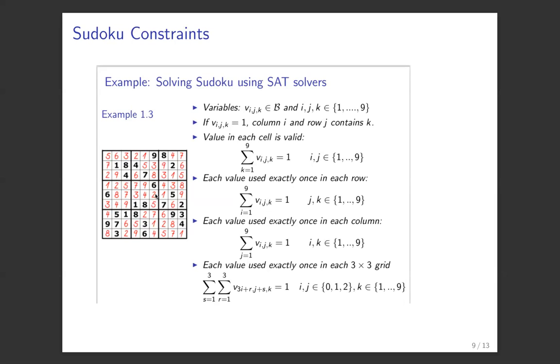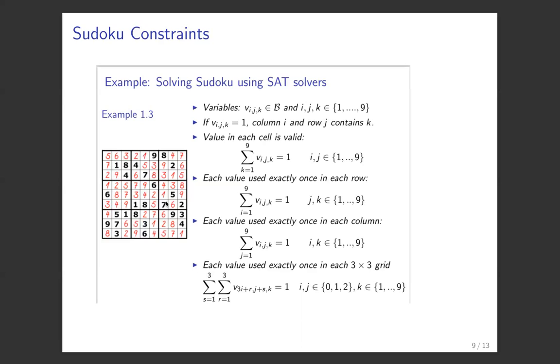Then you have to think of what constraints you want to express. If it is modeling a game or a board game, these constraints will encode the rules of the game.